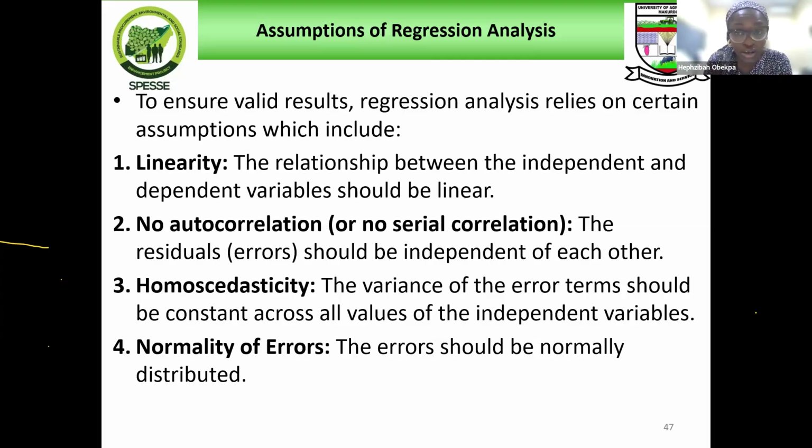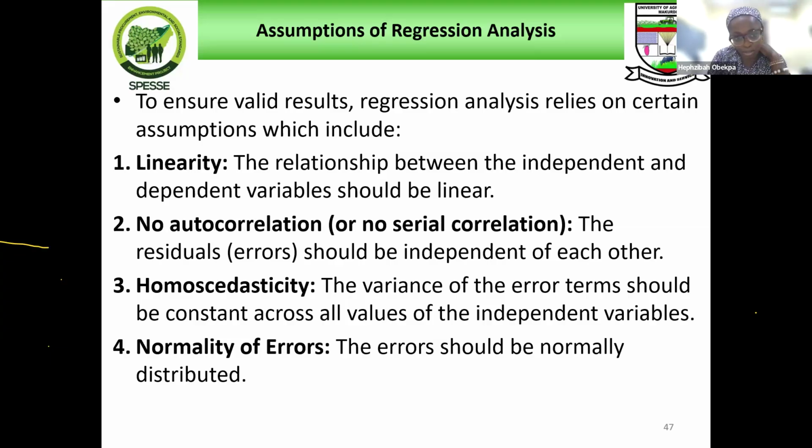If it's a good journal or a good reviewer, they will ask for what we call diagnostic tests, before they can even take your results with a pinch of salt. So you can't just go straight to do your regression without diagnostics that will tell us that all the assumptions that are supposed to be kept have been kept before you move into your regression.